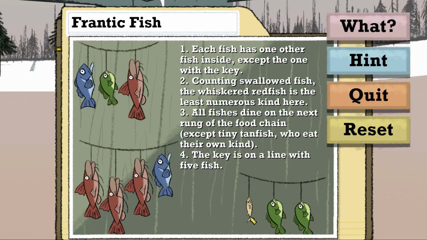Which means that it would guarantee that red would have to go to blue, blue would have to go to green, green would have to go to white. White would have to go to white again, and green would have to go to white. Counting the swallowed fish, which would mean counting the fish that is inside other fish, means that the red fish is the least numerous kind here.